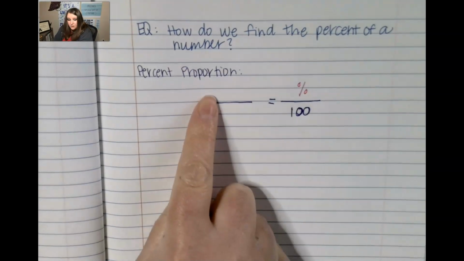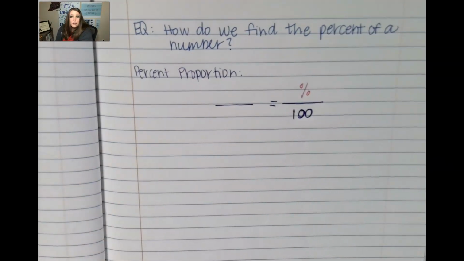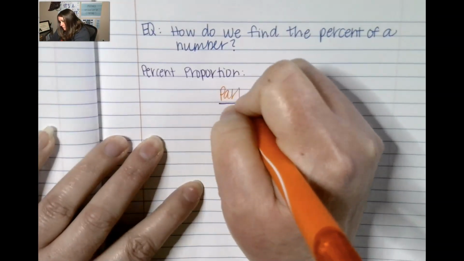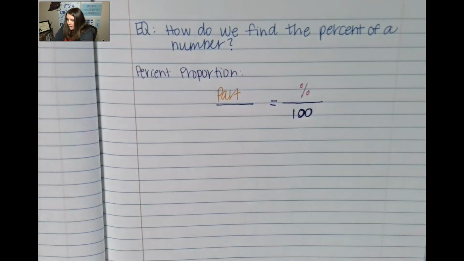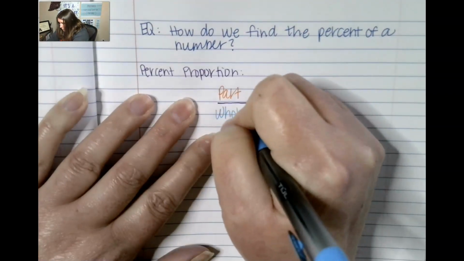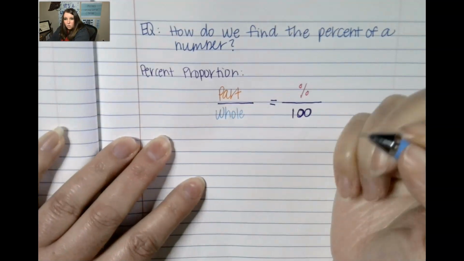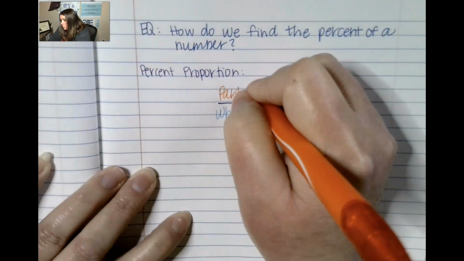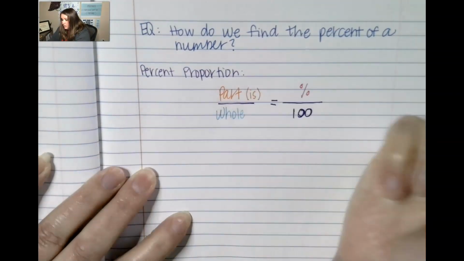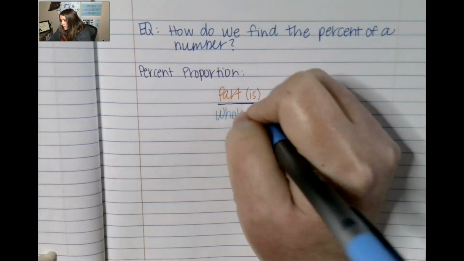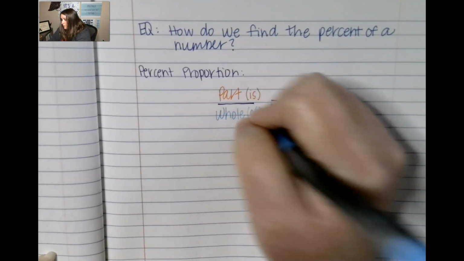And then on this side, we're going to look at using the part and the whole. So we're going to have the part of a number, and we're going to have the whole, like the whole thing. Another word for part is the word is. Another word for whole is of.